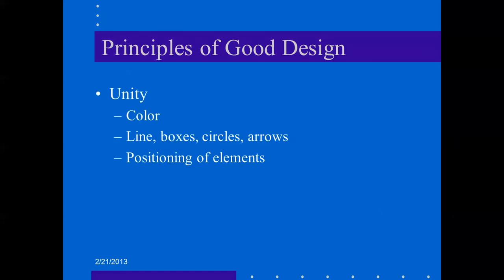One of the things you should consider in your design is unity. The way you can create that is through color, by having, for example, headings or a certain color theme run through a piece, by using lines and boxes and circles and arrows to bring the eye to a particular area that you want the person to see, and by positioning elements in a way that brings the eye where you want it.